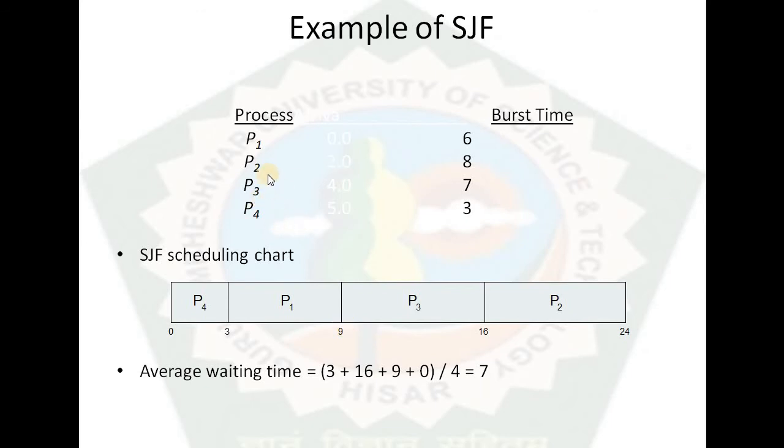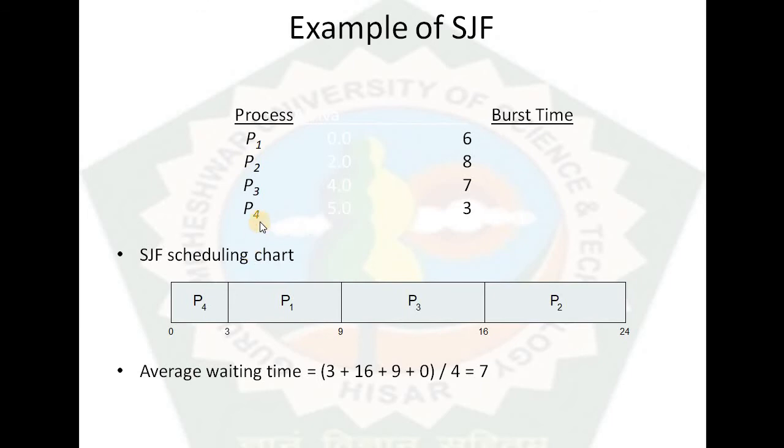Now we have only two processes remaining, P2 and P3, with CPU burst times of 8 and 7 respectively. It's obvious that 7 is smaller than 8, so P3 will be allocated the CPU for 7 milliseconds. After the 7 milliseconds, P3 itself releases the CPU.